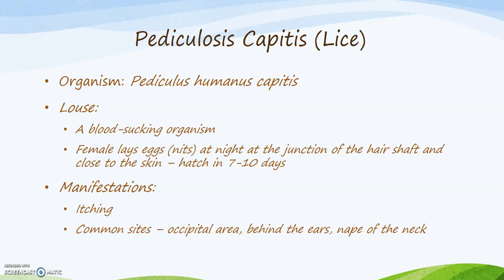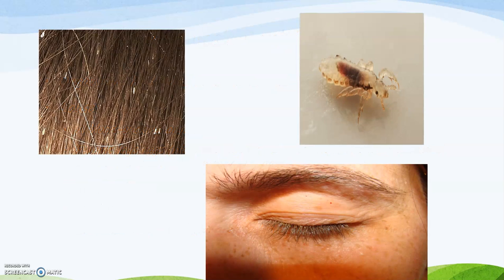As I said, the eggs are implanted close to the skin where they have a nice warm environment to grow and develop. And then the nits are tiny whitish oval specks that adhere to the hair shaft. And the next slide here has some pictures of the nits, and as you can see, the little tiny white specks adhere to the hair shaft.